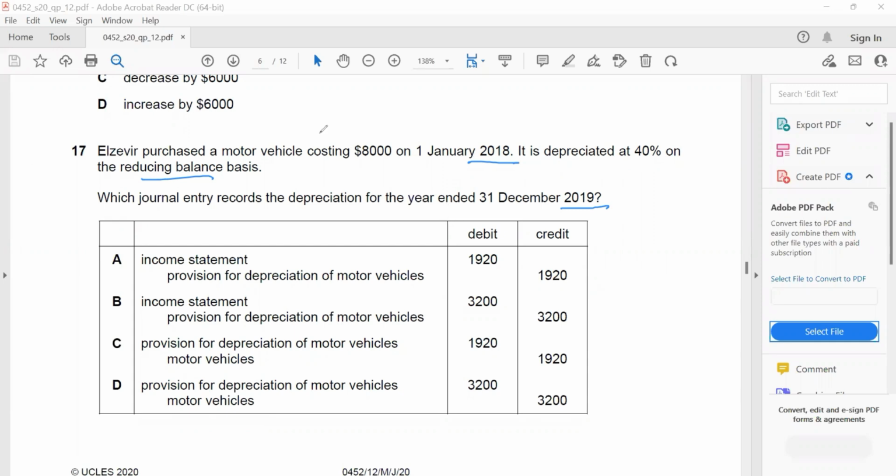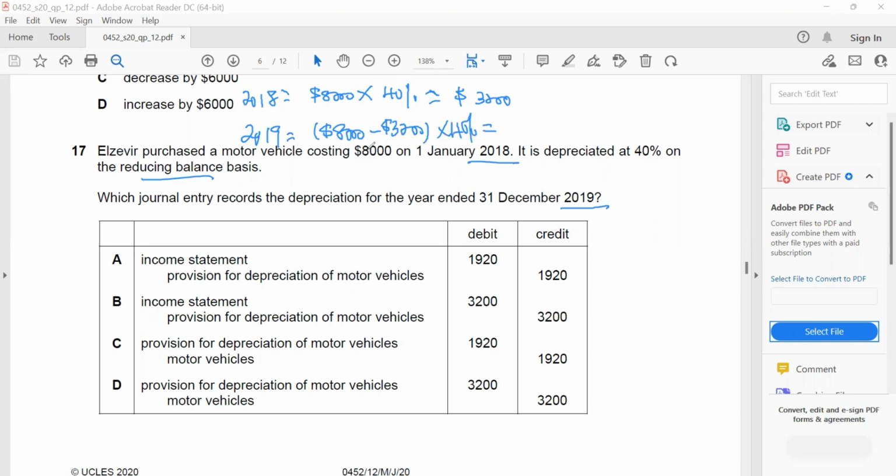In this case, we need to calculate 8,000 times 40%, which is 3,200. So this 3,200 is for the 2018 financial year. But the question is asking about 2019, so we have to take 8,000 minus 3,200 times 40%.